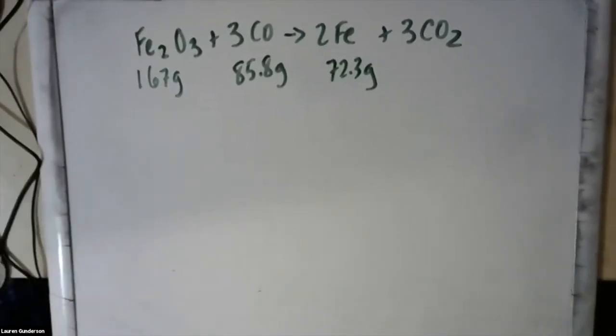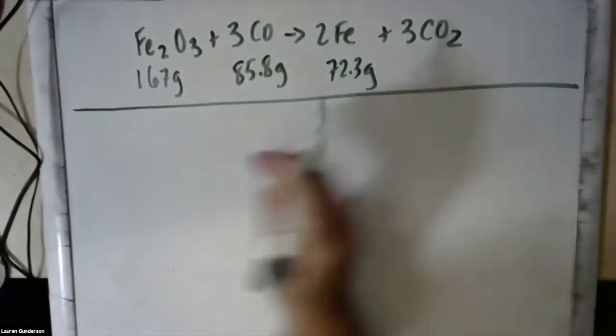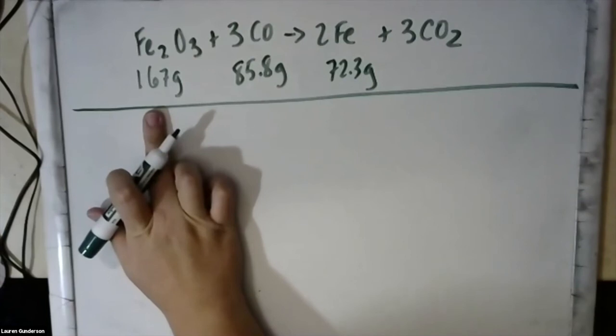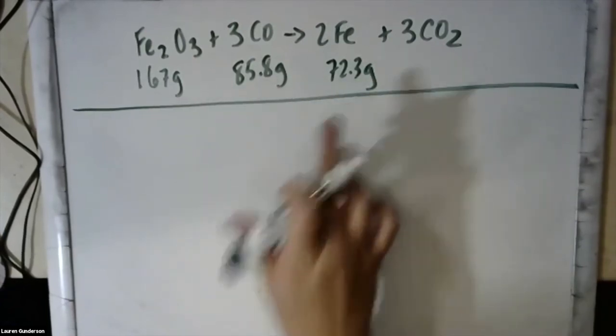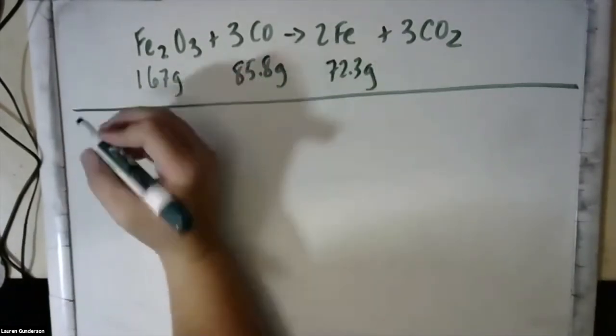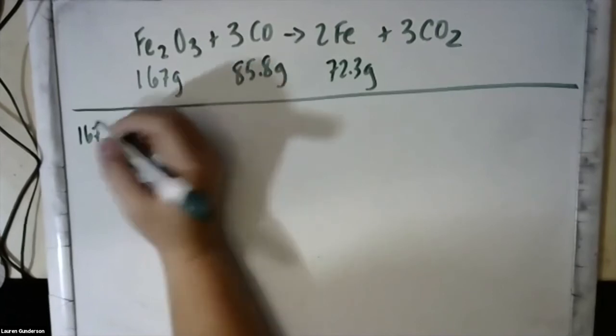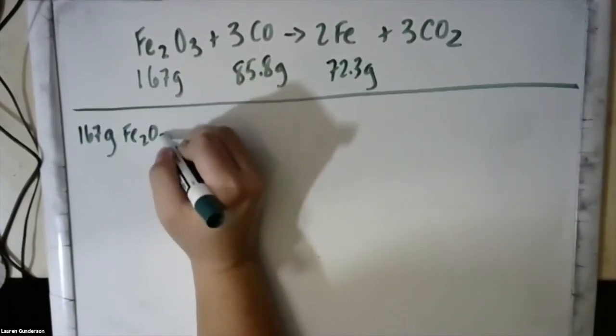Okay, so let's start our first step. We are going to use each reactant and see how much iron that the reactant can produce if it's fully consumed. That's always the first step of any theoretical yield problem. Okay, so we have 167 grams of Fe2O3.